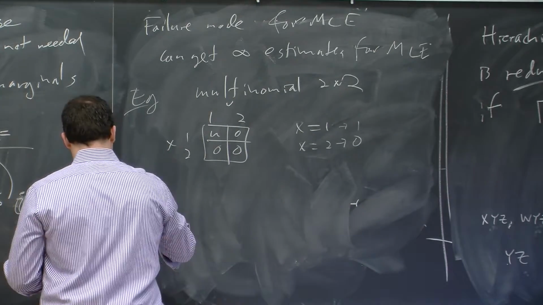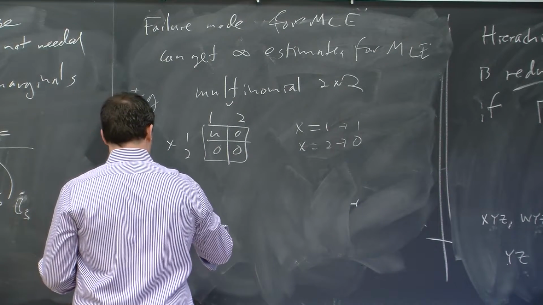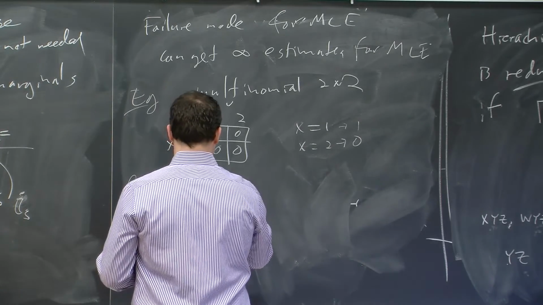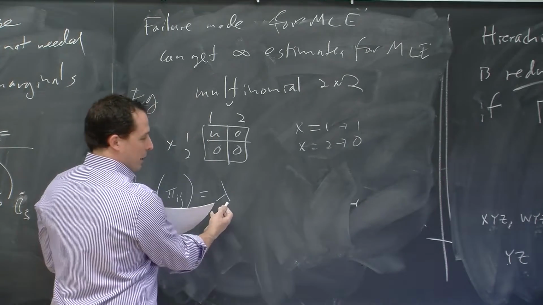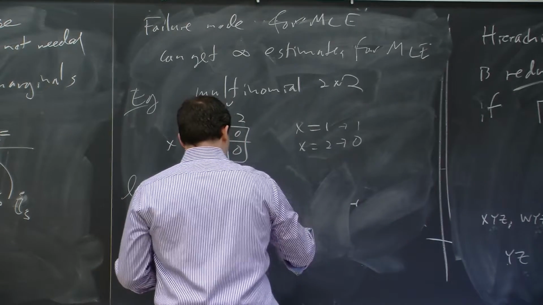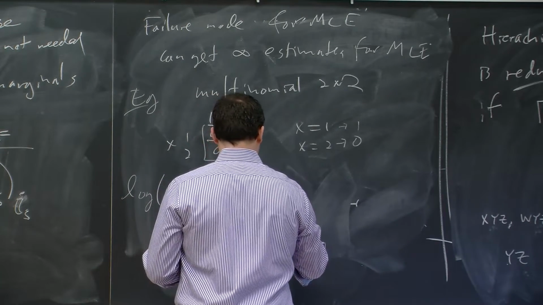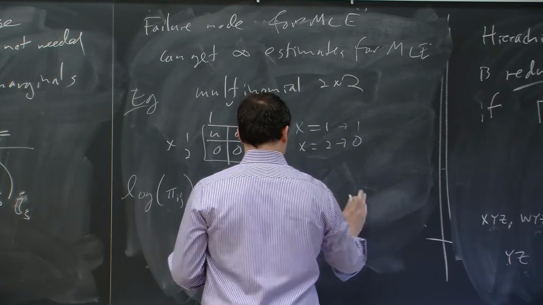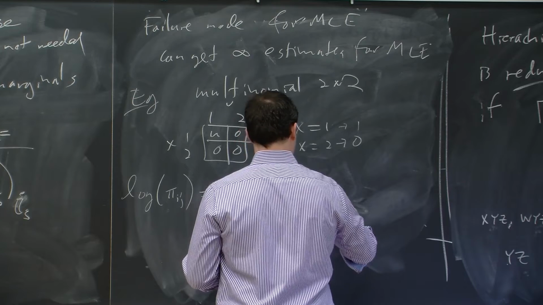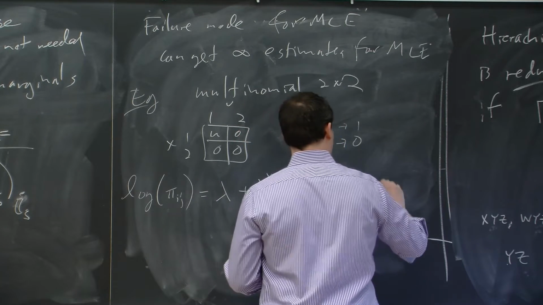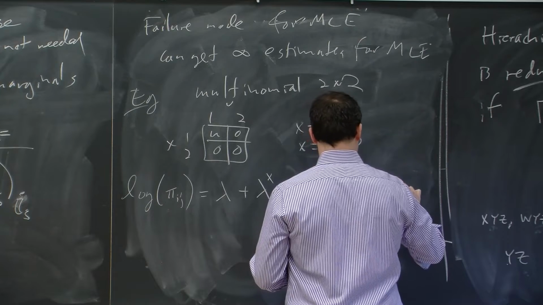So our model is going to be log for multinomial, so I'm putting pi's here. And in that interpretation, lambda is the constant so that things sum to 1. X equals 1 plus lambda y equals 1 plus lambda 1, 1 xy.